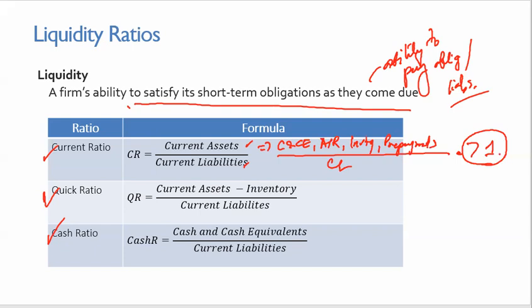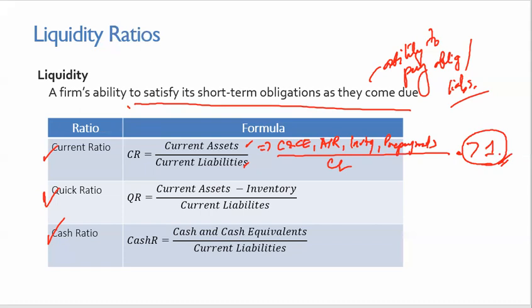Halimbawa, casino, or gambling company, marami ka dapat current assets, kasi maraming cash dapat na mag-circulate within the casino. So, mataas ang normal level of current assets doon. So, although the usual benchmark is 1, it can also change from company to company or industry to industry.